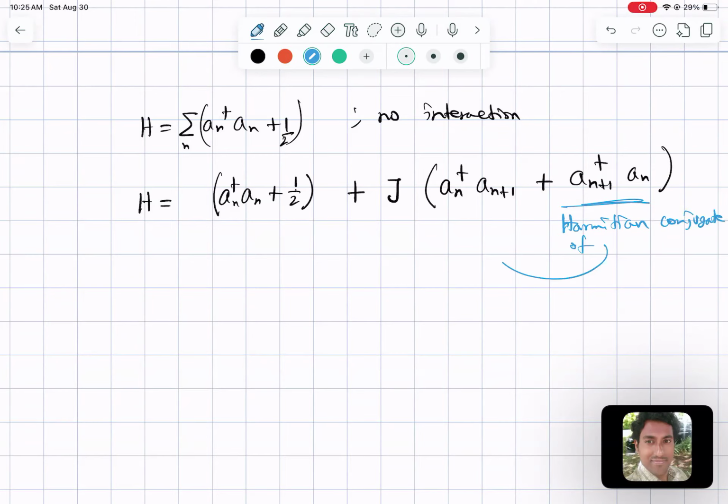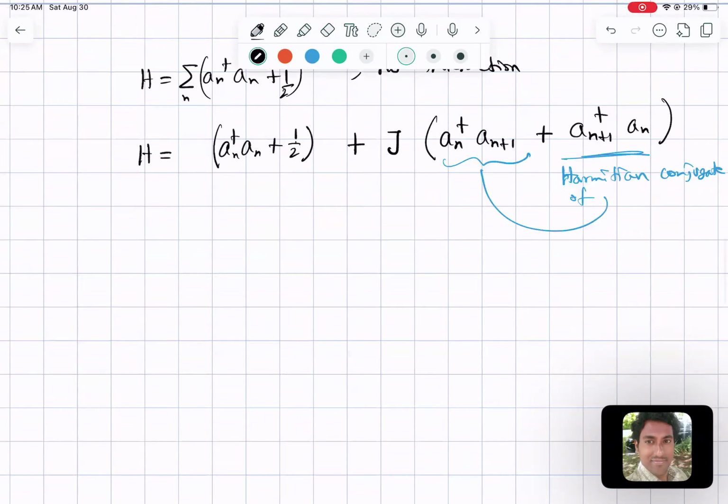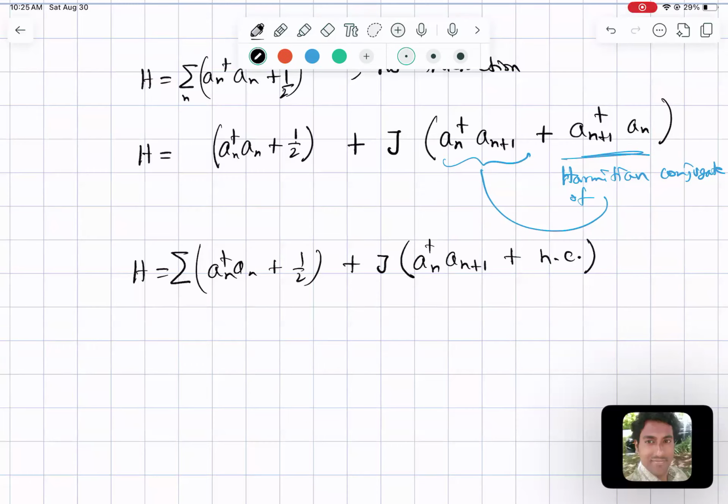of this first part. Sometimes we write the Hamiltonian like this: H equals a dagger a plus half, and J a dagger a plus HC. And you have a sum here, sum over all the n's.